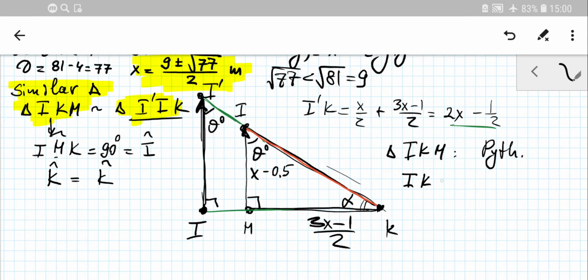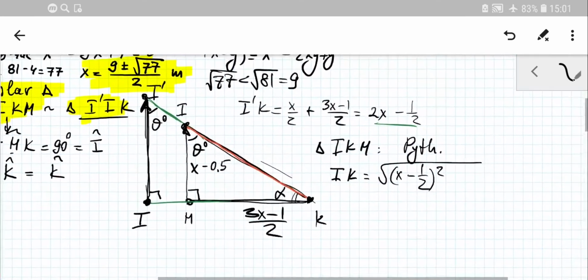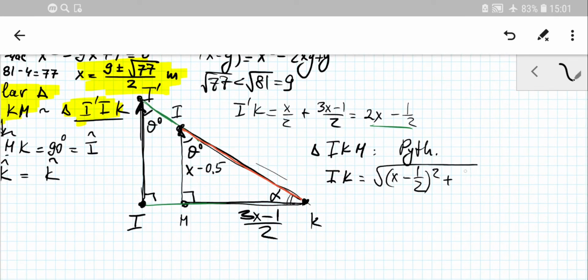So IK is simply the square root of (x minus 1/2) squared. So x minus 0.5, I just write as fractions. And we actually need to add another leg, (3x minus 1)/2 squared.